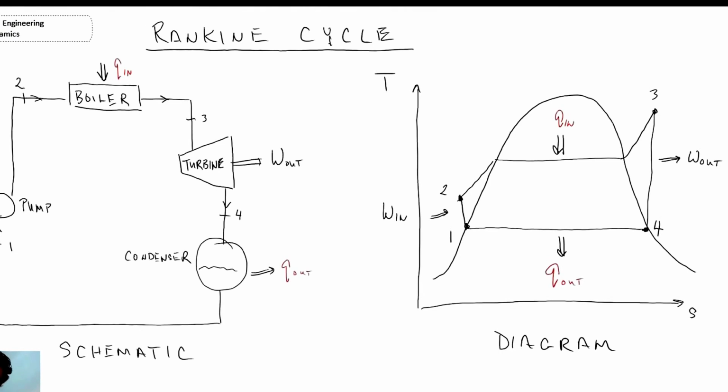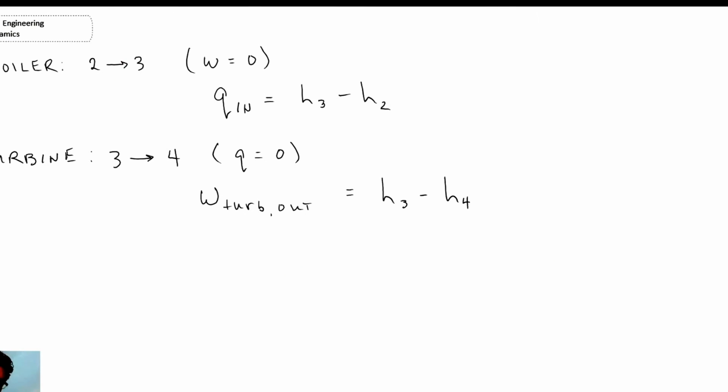Looking back at our TS diagram, it will be H3 minus H4. That difference is how we determine the work in the turbine. That's pretty easy because we can get those enthalpy values out of the superheated steam tables, assuming we end right on the saturated liquid line. If we go into the two-phase region, then you have to look at the two-phase characteristics to get the enthalpy at state 4.